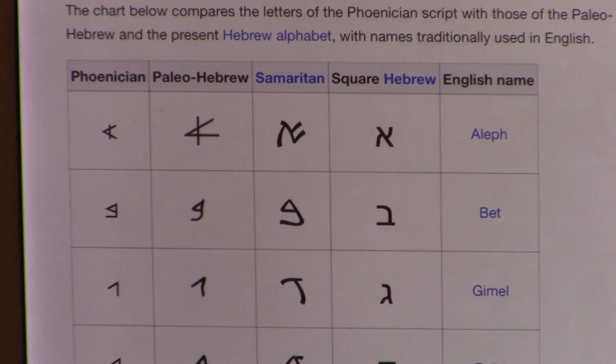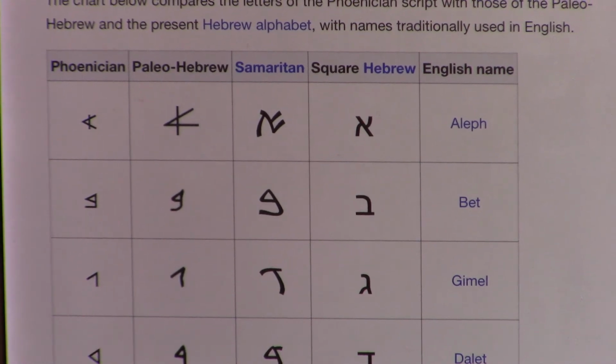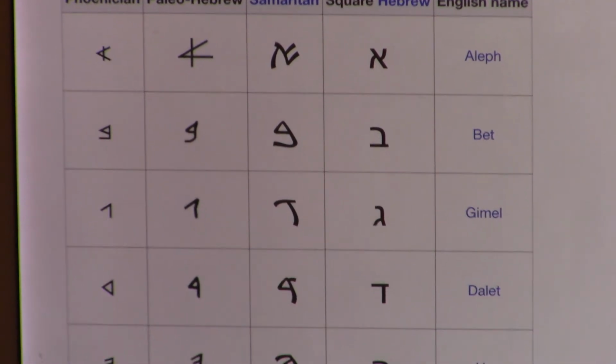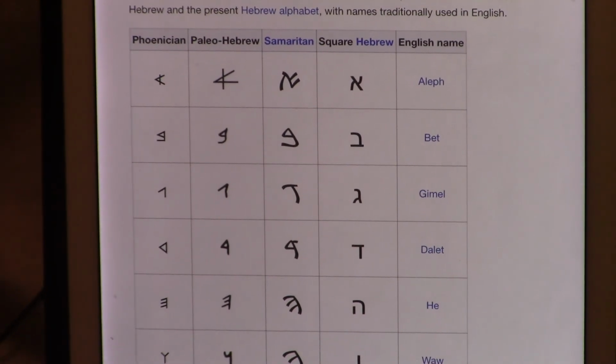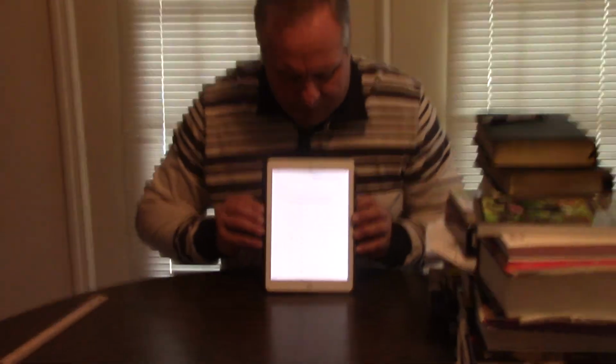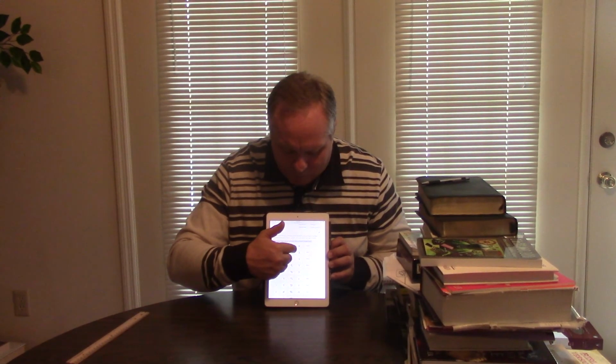So we're just going to show you how Paleo-Hebrew, which was in all probability the language that the Pentateuch and all the Old Testament was written in, till Ezra's time anyhow, when a lot of people say that Ezra is the one that gave us the square Hebrew.